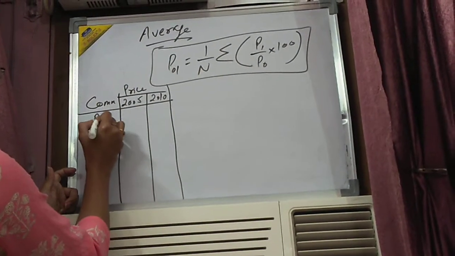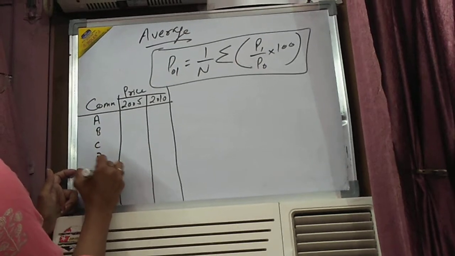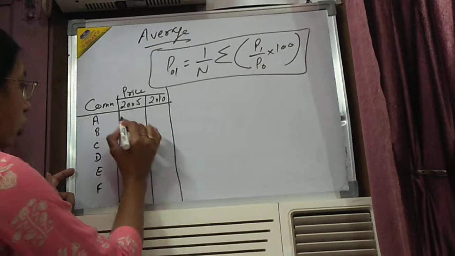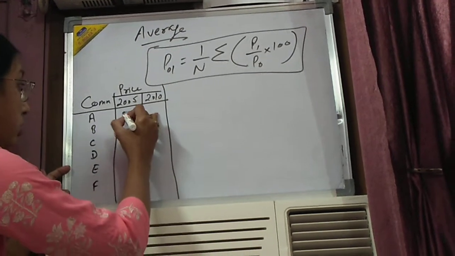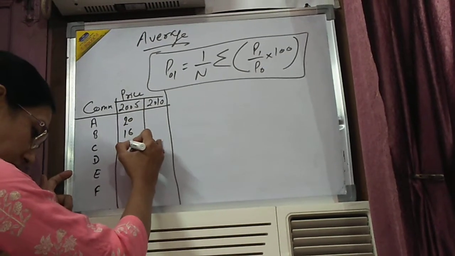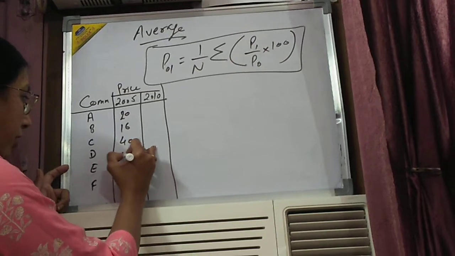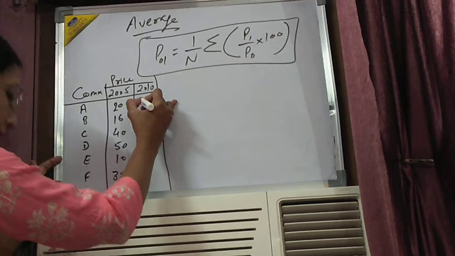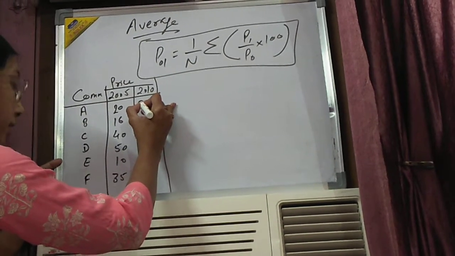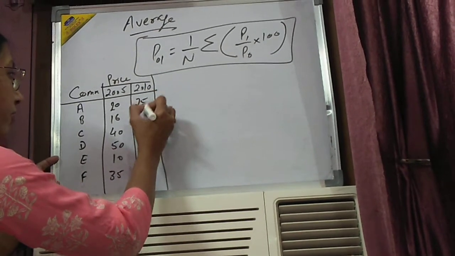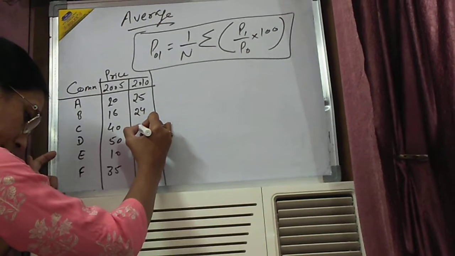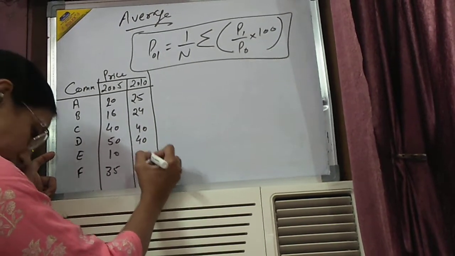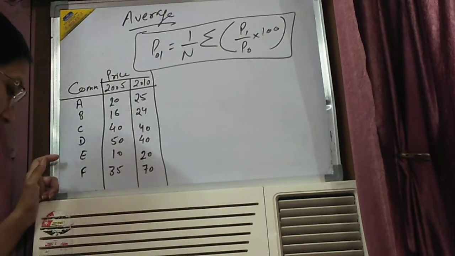Suppose there are commodities A, B, C, D, E, F. The prices in 2005 are 20, 16, 40, 50, 10 and 35. And in 2010 the prices are 25, 24, 40, 40, 20 and then 70.